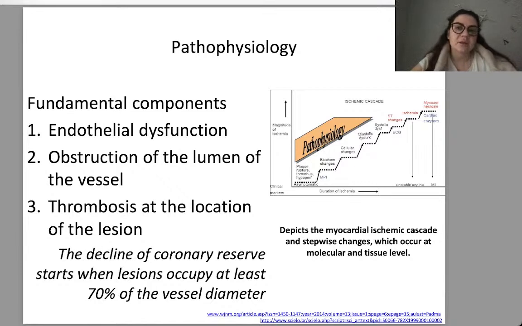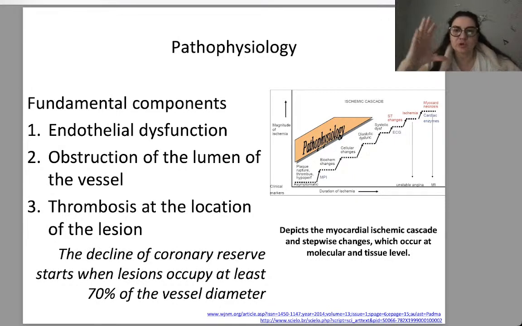A very important thing that I want to add is that the decline of coronary reserve starts when the lesions occupy at least 70% of vessel diameter. What does it mean? If obstruction is less than 70%, it is usually asymptomatic. It can be compensated, and blood flow is enough.